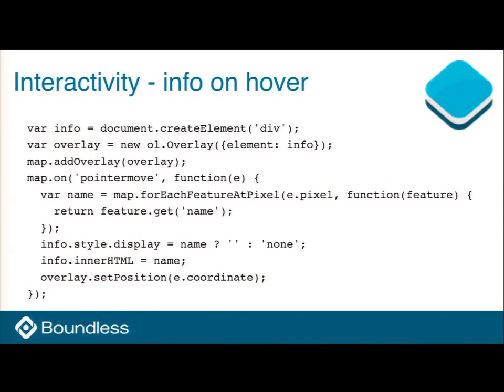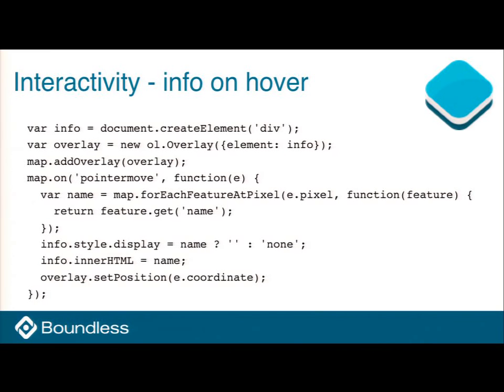We can also add interactivity to our map. For example, we want an info box as we hover over our map that shows the name of the street that we're looking at. For that, we use an OL overlay. That's basically just an HTML element that is anchored to a geographic location on our map. And we configure a listener to pointer move.